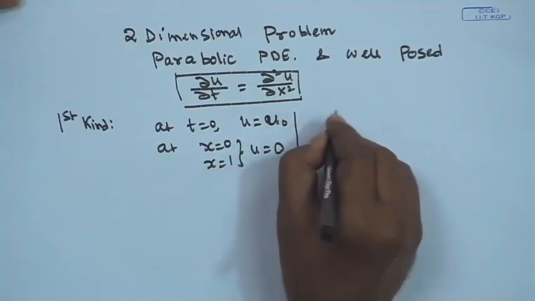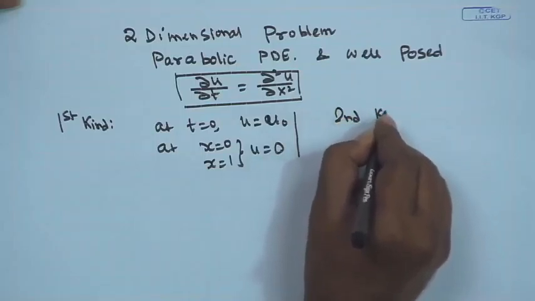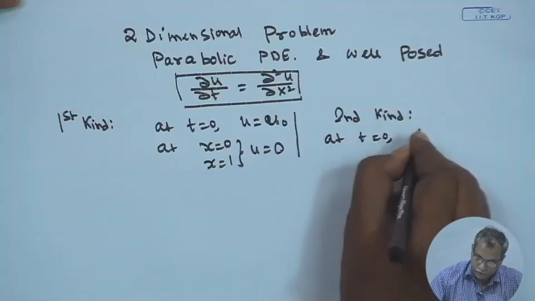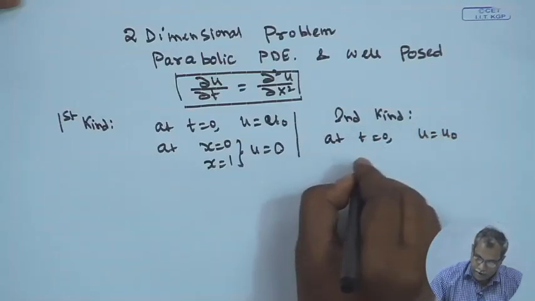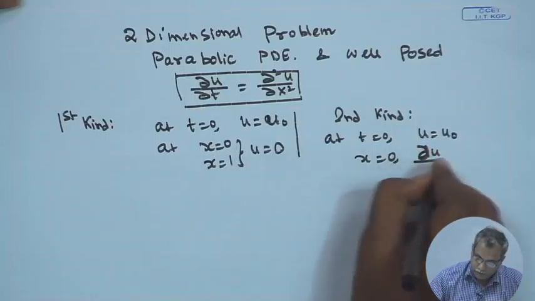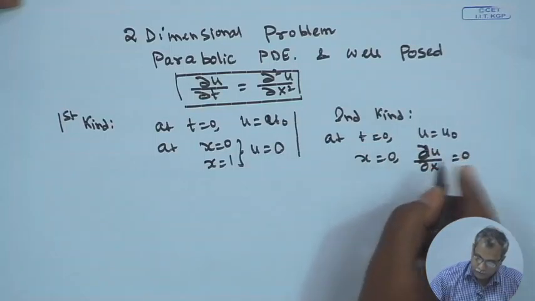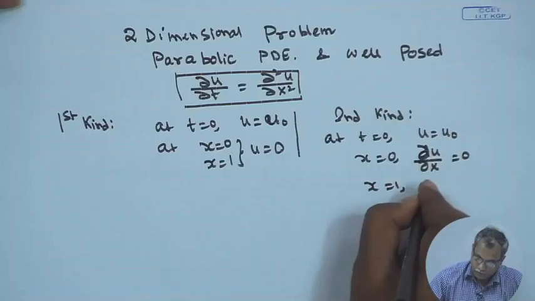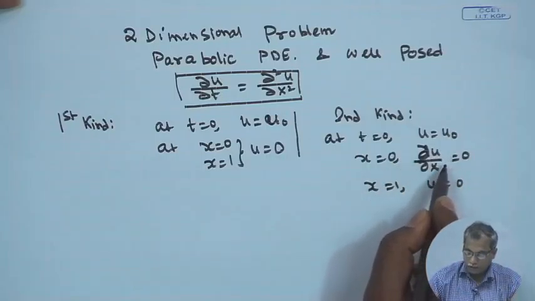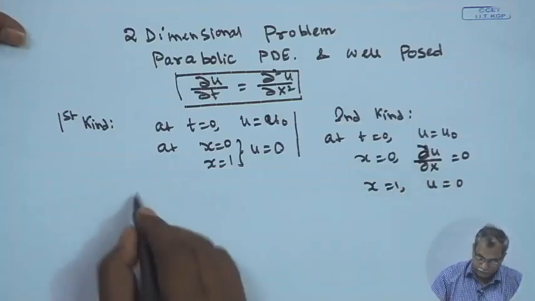Now, what is the second kind? The second kind is at t is equal to 0, u is equal to u naught, at x equal to 0, del u del x is equal to 0, and at x is equal to 1, u is equal to 0. So, in this particular problem, we have the Neumann boundary condition at x is equal to 0.